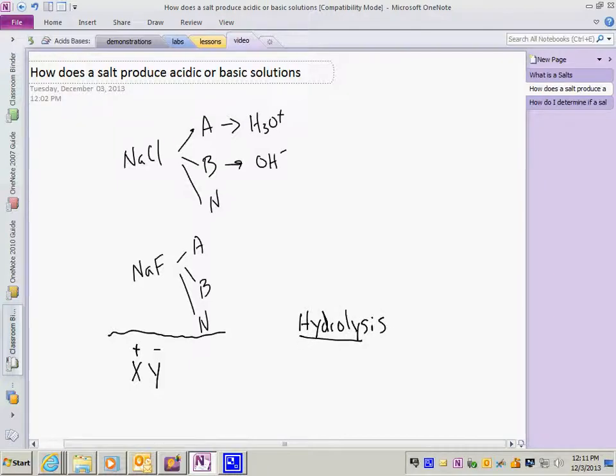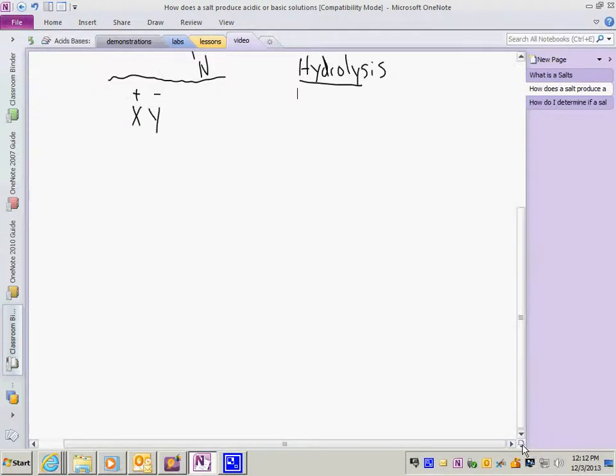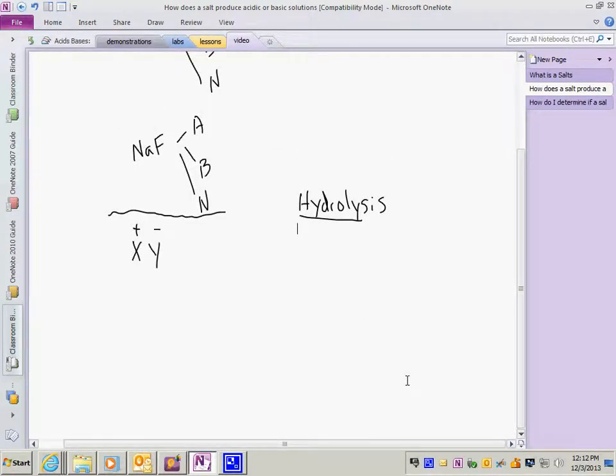Hydro and lysis means to split. We have our cation, and it will undergo this chemical reaction.